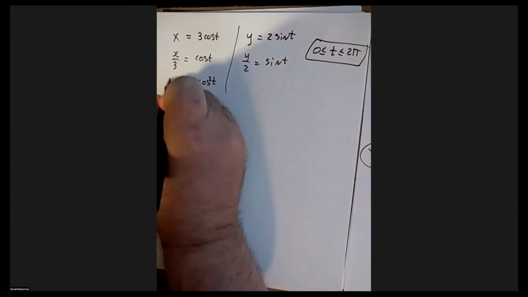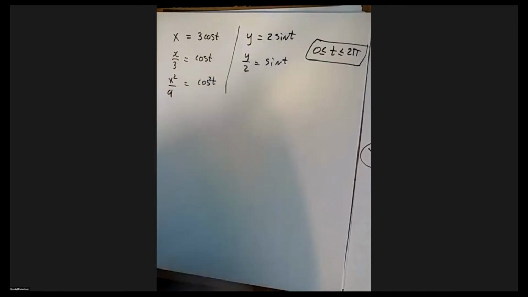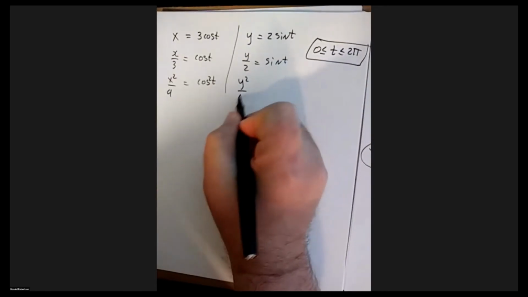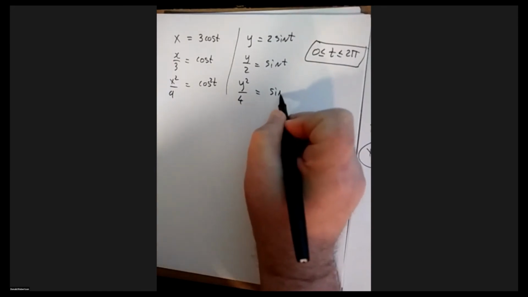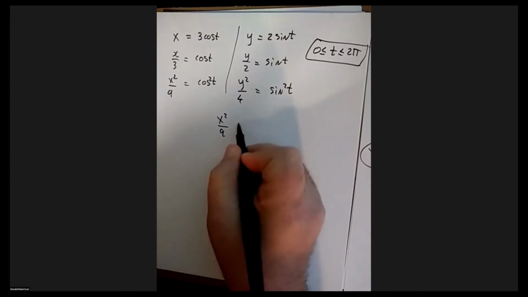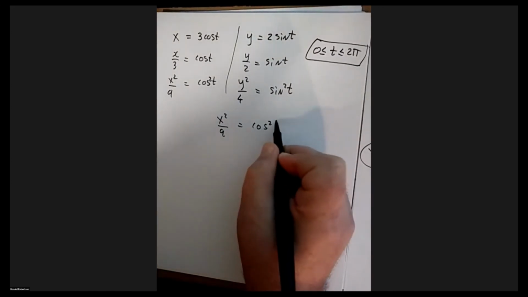If I square both sides, x upon 3 squared is x squared over 3 squared, right? If I square both sides here, and now I'm going to rewrite those two relationships, one above the other.